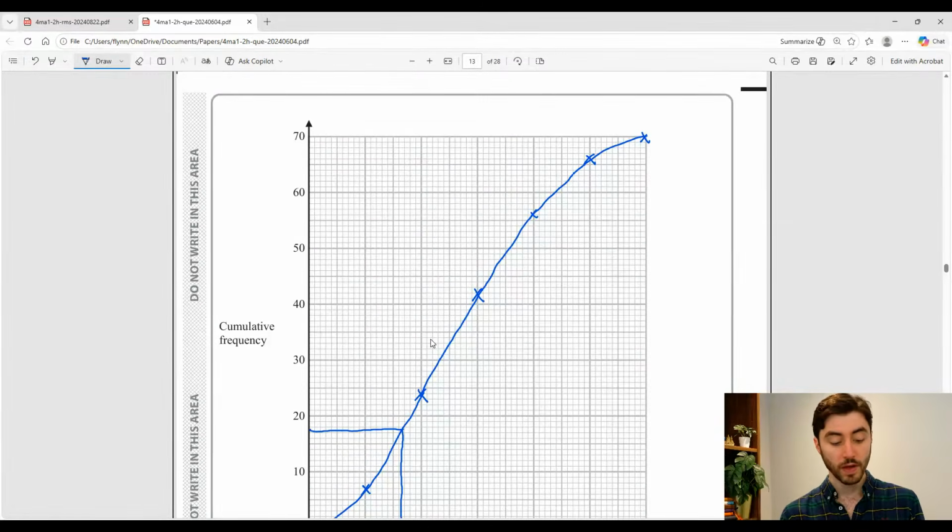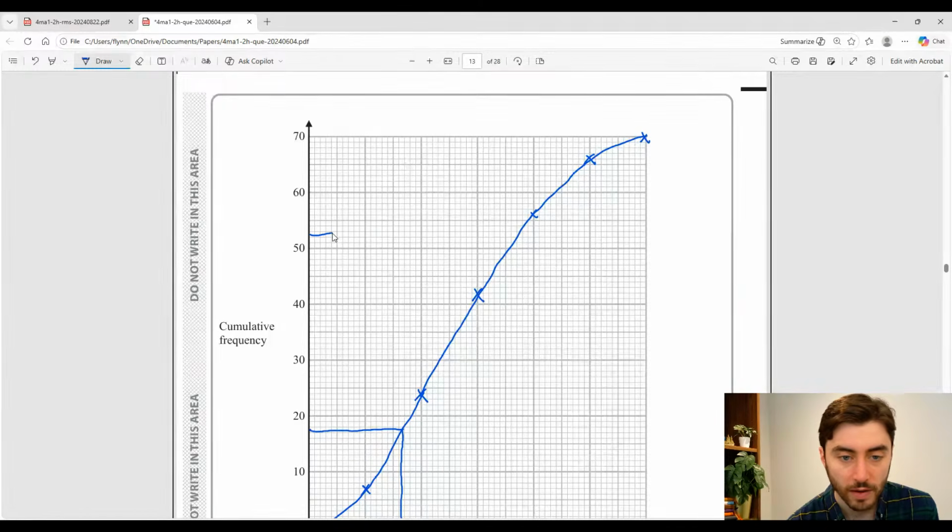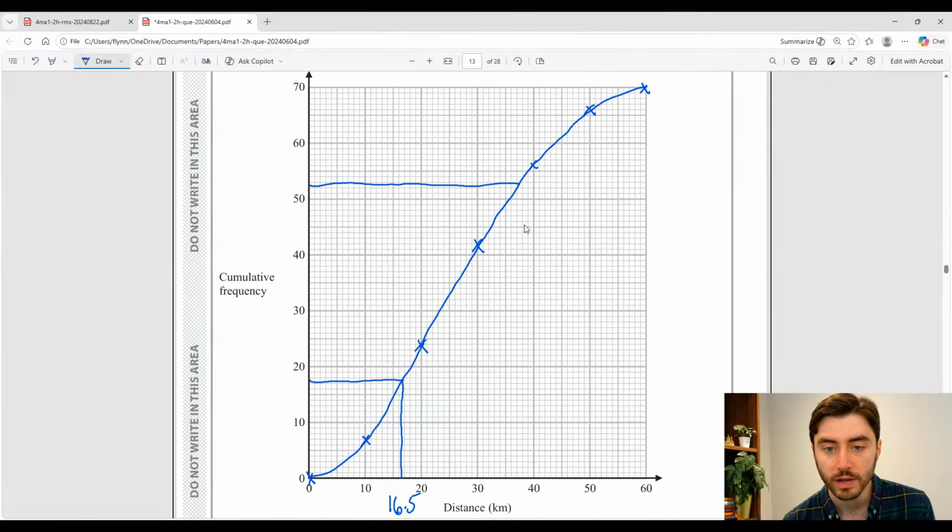And then the upper quartile is going to be 3/4 of the way through the 70 values, which is 52.5. Now, 52.5, I would track across again. Ideally, this should be done with a ruler. And if I track that down, that's again kind of squarely between the squares as I've drawn it.